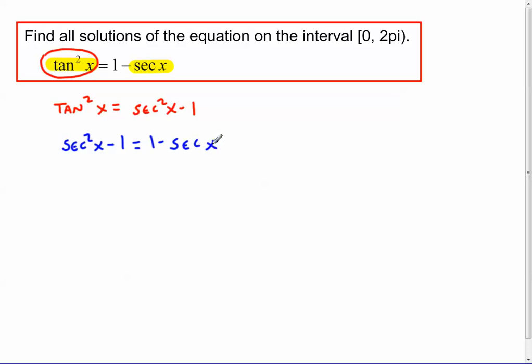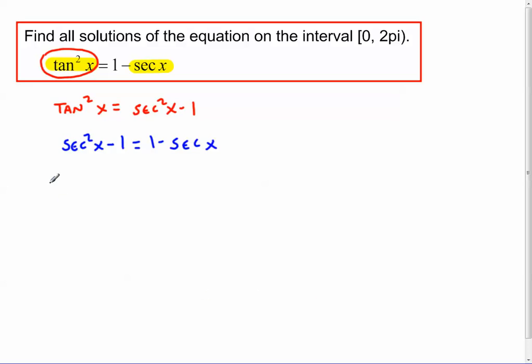Okay? So now I'm in a position where I only see one trig function. I see secant squared on the left, I see secant on the right, and I'm going to get everything over to one side at this point. Basically, I want to look at this as a quadratic equation from Algebra 2, for example. I'm just going to get everything to one side and set it equal to 0 and try to factor it or use another strategy. So that's exactly what I'm going to do.